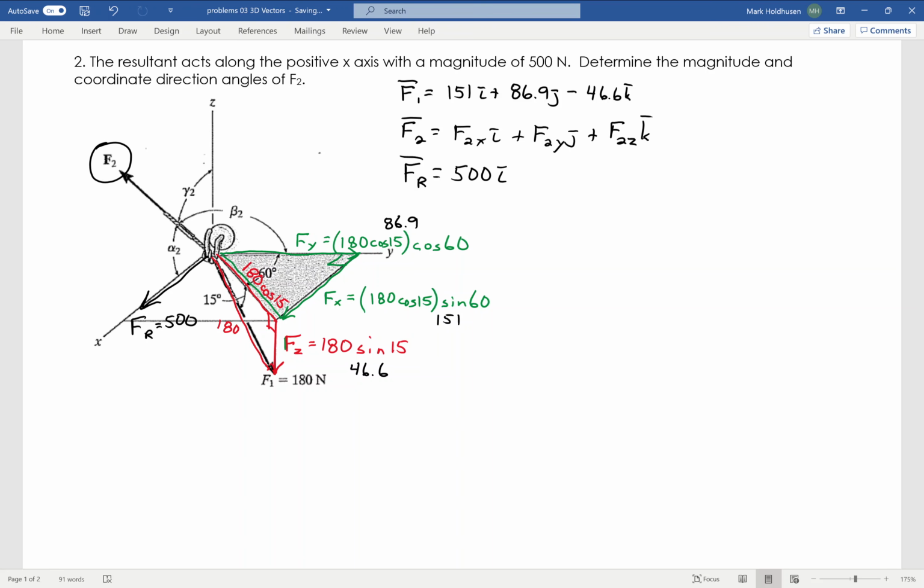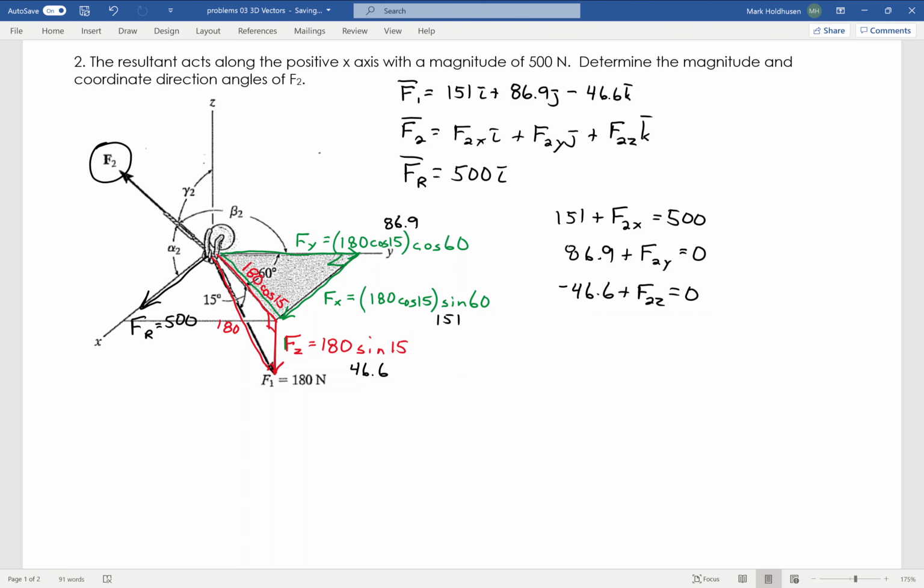So what I get is 151 plus F2x equals 500. And then I get 86.9 plus F2y equals 0. And then I get negative 46.6 plus F2z equals 0.